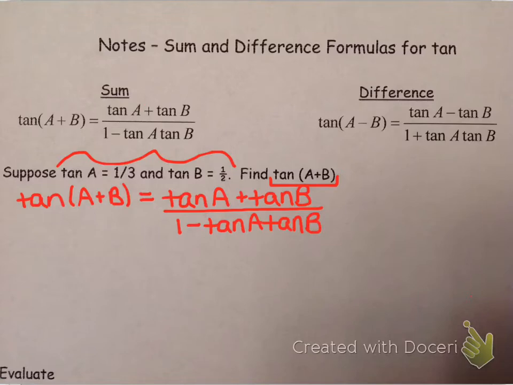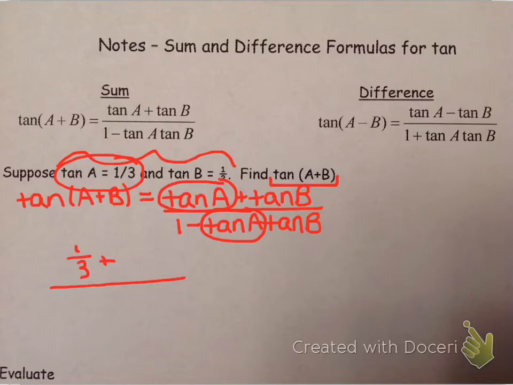So I was told that the tangent of A is 1/3, and so that's going to replace tangent of A here and here. So I put a 1/3 in there, and I put a 1/3 in there. And then I also know that the tangent of B was 1/2, so it replaces tangent of B there and there.